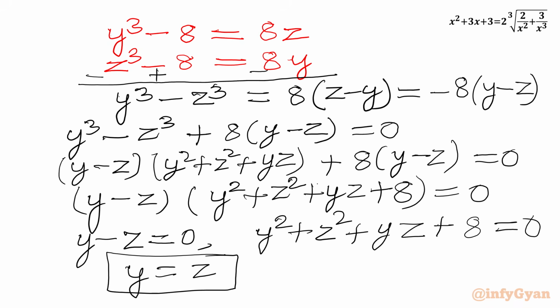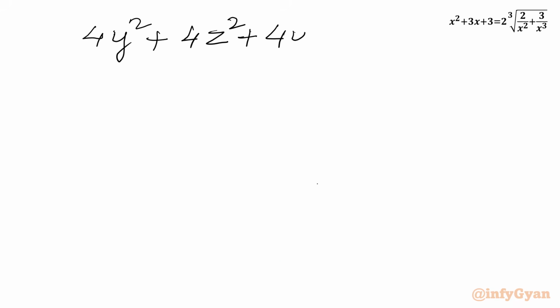And from the second equation, I will multiply this equation by 4 on both sides. So let me multiply by 4. We will get 4y² + 4z² + 4yz + 4 times 8, which is 32, equal to 0.